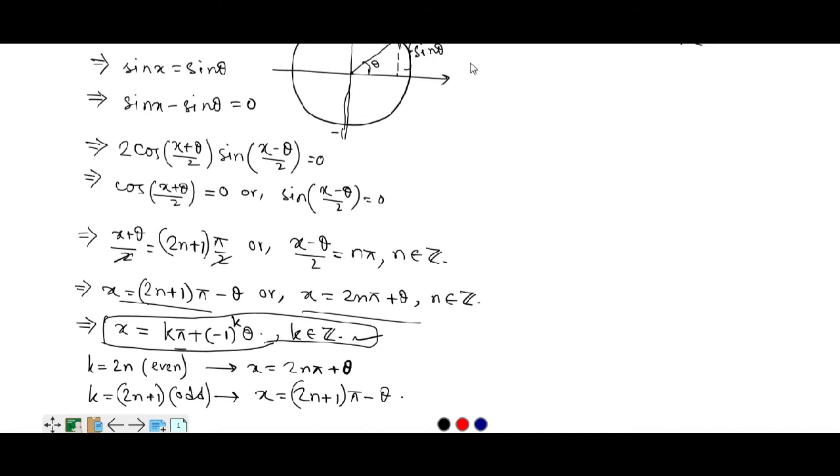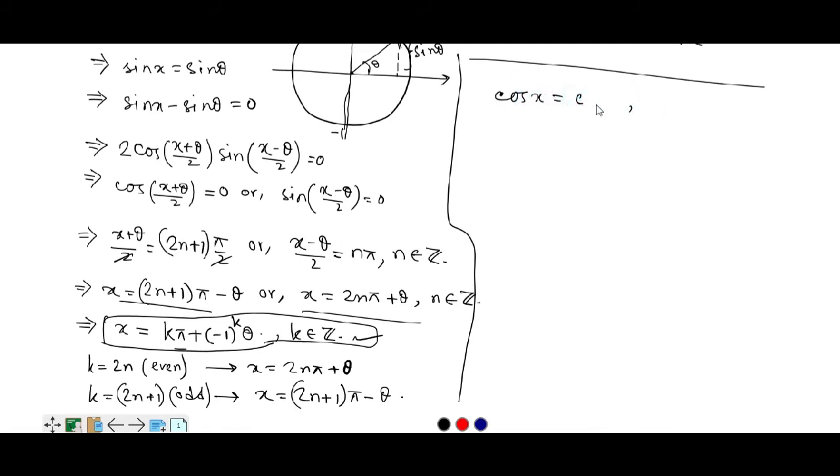Just following the same way, we can find the solutions for cos x equals c also. So let us consider the equation cos x is equal to some constant. Here also we have the same restriction that mod c is less than or equal to 1.